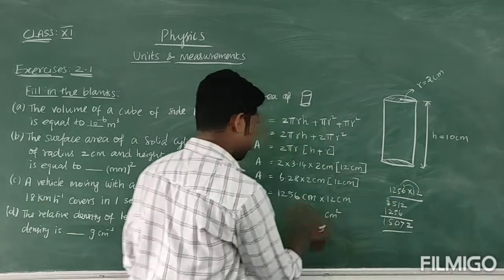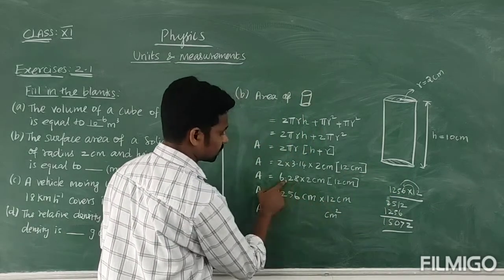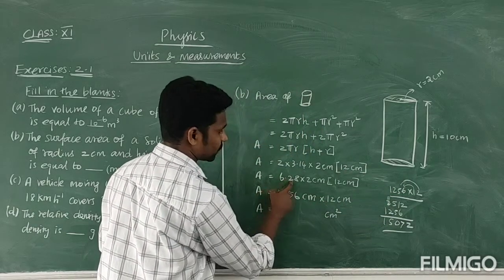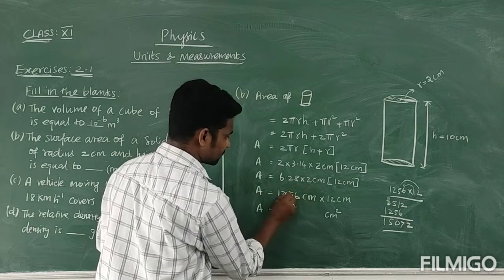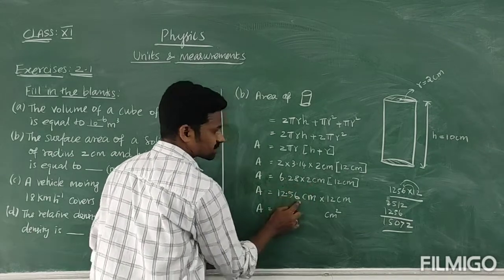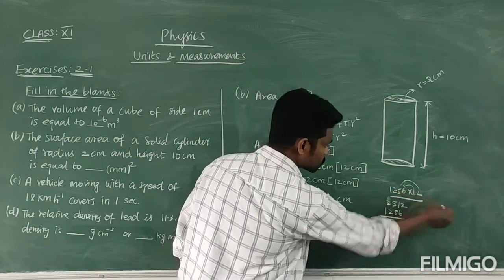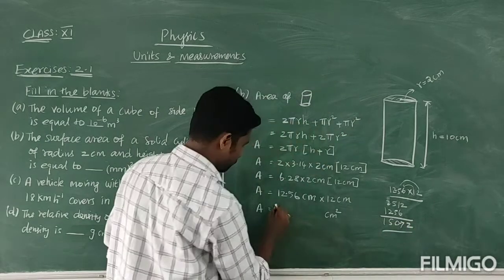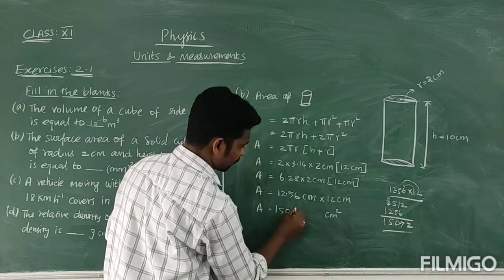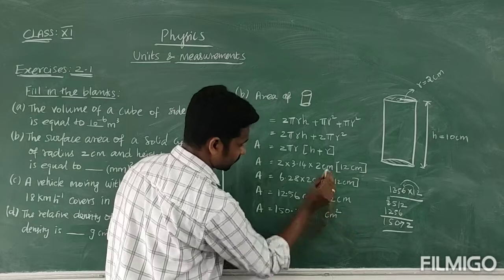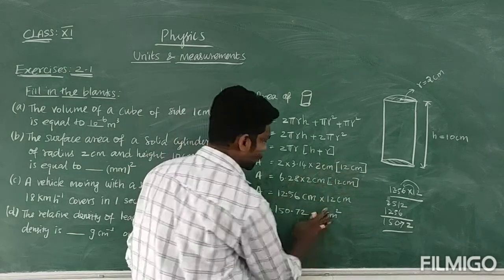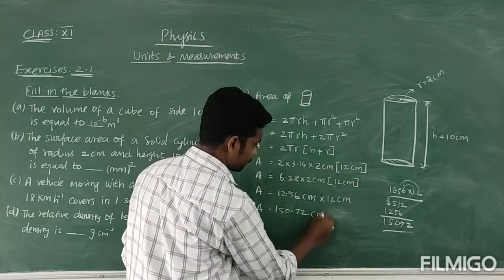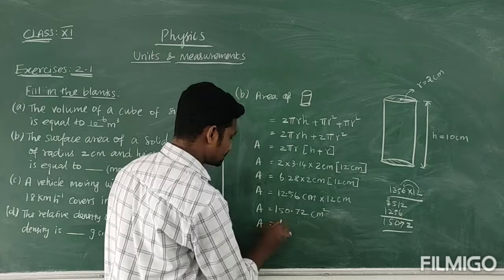Let's take, so we know that here 6.28, okay, 6.28 into 2, that is we can write 12.56. Here 12.56 into 12, we can write 150.7, 150.72 also will come, okay, into centimeter square.